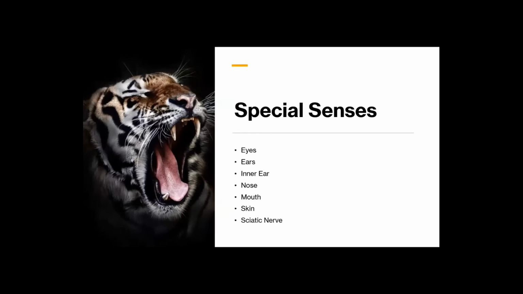We've got special senses that we use in order to be aware of the world around us. And those special senses are the eyes, the ears, the inner ear, the nose, the mouth, our skin, and our sciatic nerve. All of those things help us to see, smell, taste, and feel.